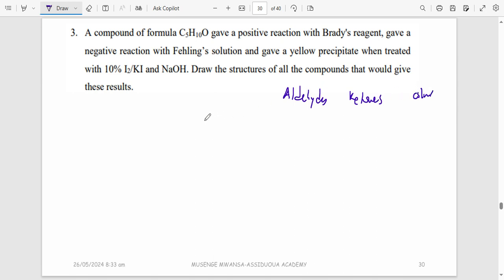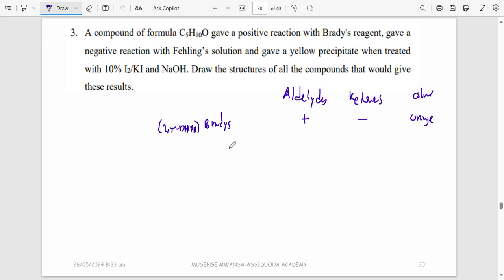The first one is the Brady's test. What do you use? 2,4-dinitrophenylhydrazine. It is positive for aldehydes and ketones. If it's positive, you are going to get a yellow to orange precipitate.